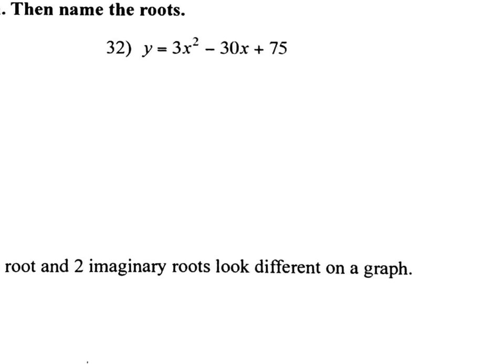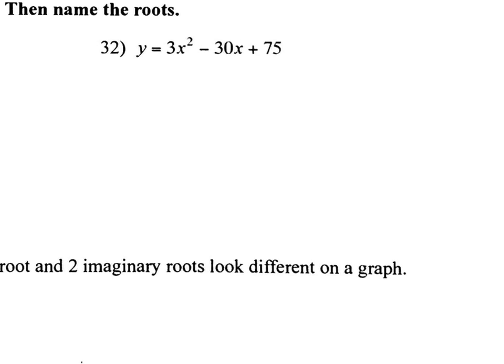All right, question 32. We're going to factor this one out. So again, pull our GCF out first. This time the GCF is just 3. So that's going to leave me with x squared minus 10x plus 25. Again, if you notice the patterns, this is a perfect square, that's x and x. 25 is a perfect square, that's 5 and 5.